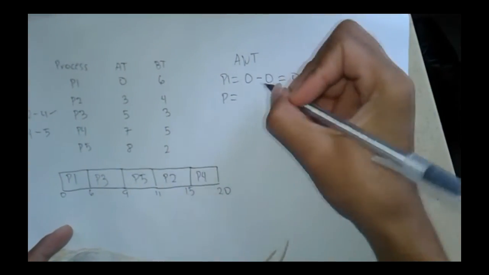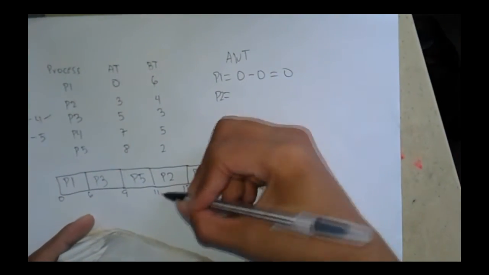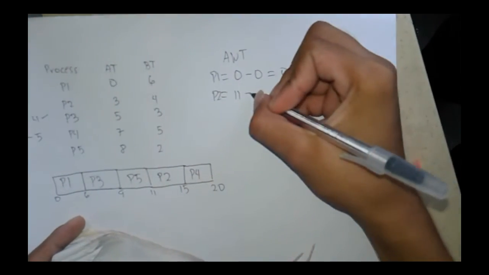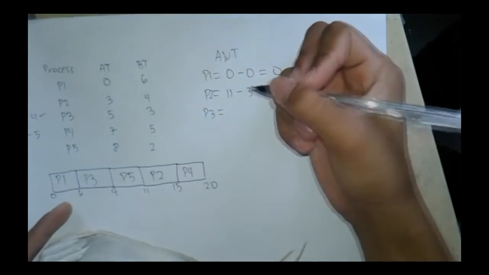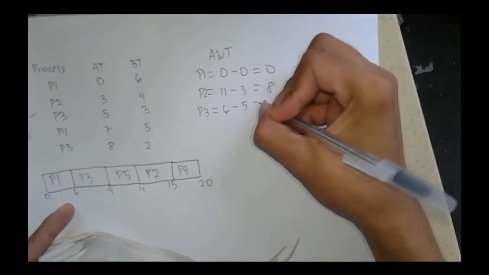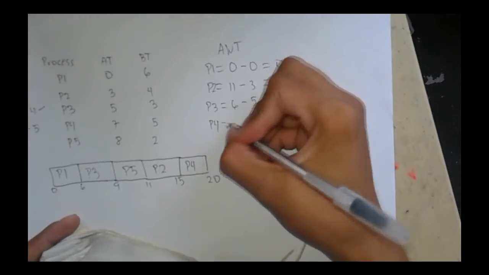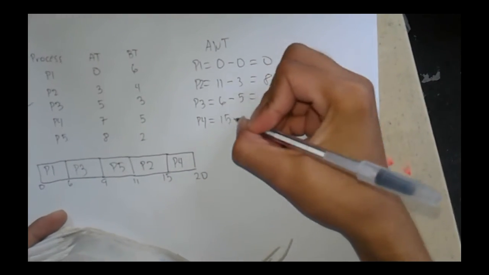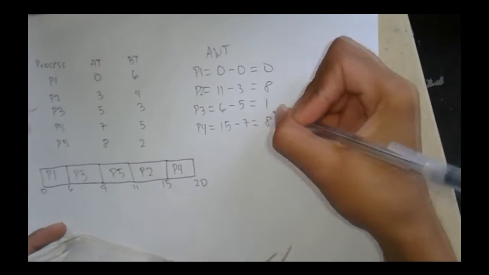Then P2 starts at time 11 and its arrival time is 3, which is equal to 8. P3 starts at time 6 minus the arrival time of 5 is equal to 1. P4 starts at time 15 minus 7 equals 8.